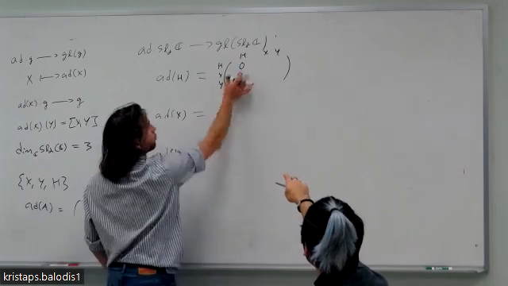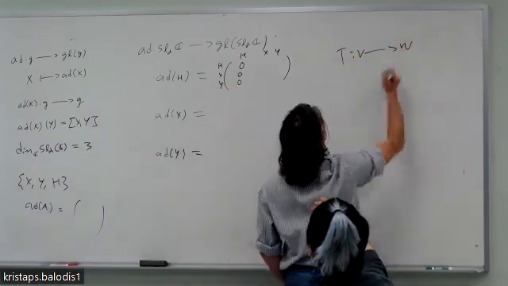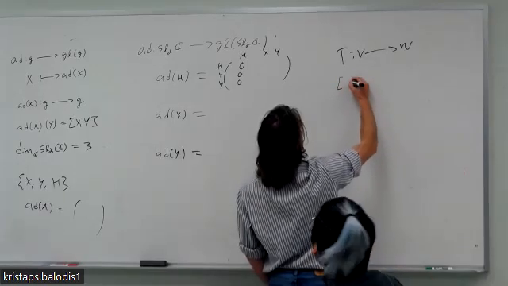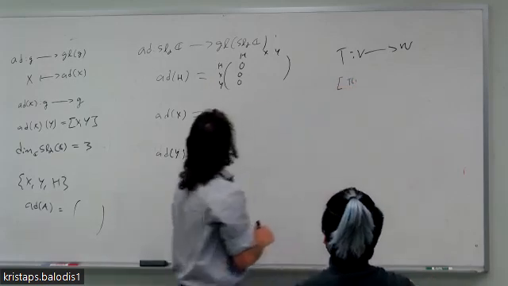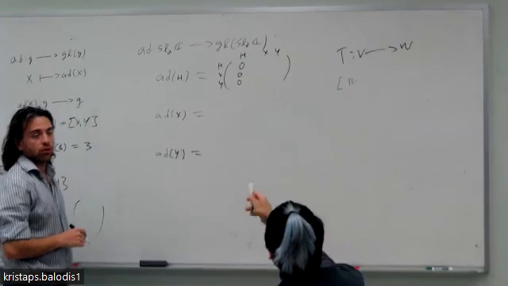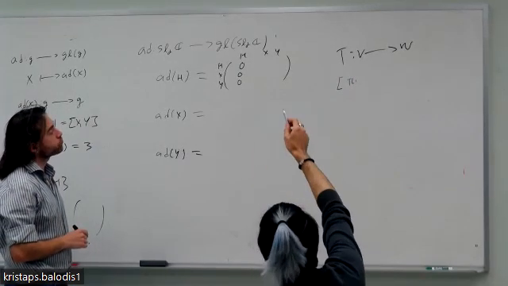Remember, if you have a linear transformation between two vector spaces... it sends it to 0. H of X would be, wait, H of X is 2x.